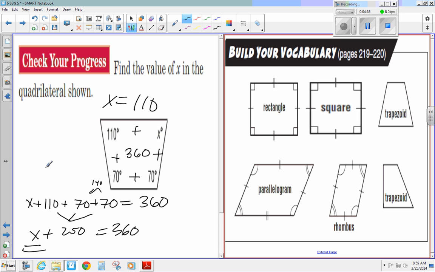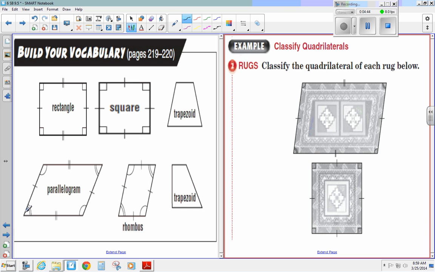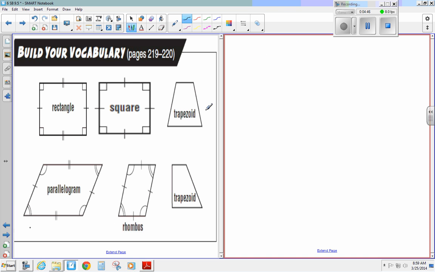Okay, here are some of the names. You have a rectangle. Well, this rectangle actually kind of looks like a square. The key, though, is some of this terminology, or some of these symbols.